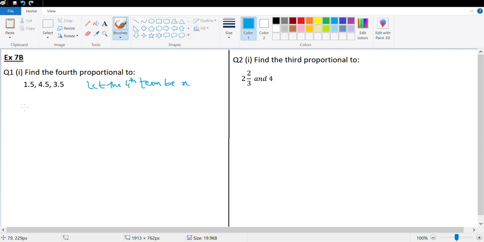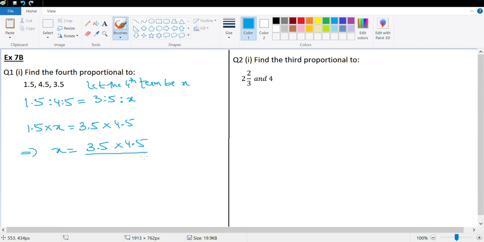What's given is 1.5 is to 4.5 is equal to 3.5 is to x, which means product of extremes is equal to product of means, which means 1.5 into x is equal to 3.5 into 4.5, which means x is equal to 3.5 into 4.5 divided by 1.5. That's 1.5 into 3, which is 4.5, so 3.5 into 3, that's 10.5. Therefore, fourth proportional is 10.5. Perfect, that's our answer.